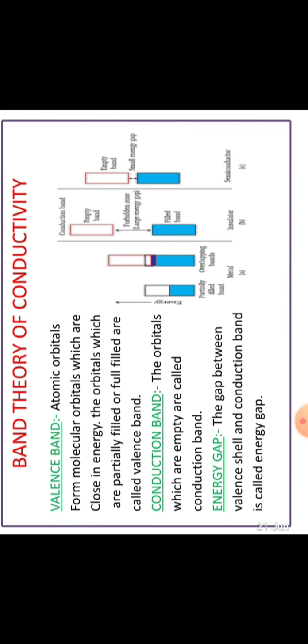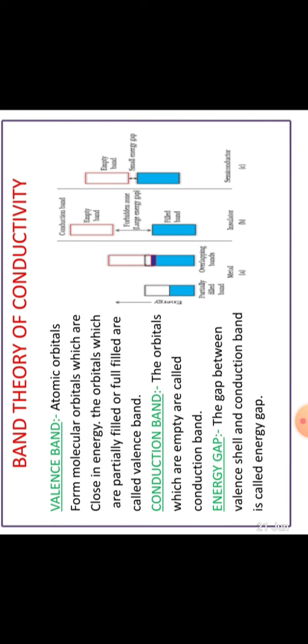So their conductivity is very high. In case of insulator, energy gap is very large, so electrons are unable to jump from valence band to conduction band. And in case of semiconductors, the energy gap is less than insulator but more than metals or conductors. So many electrons cannot jump from valence band to conduction band. Only a few electrons can jump.